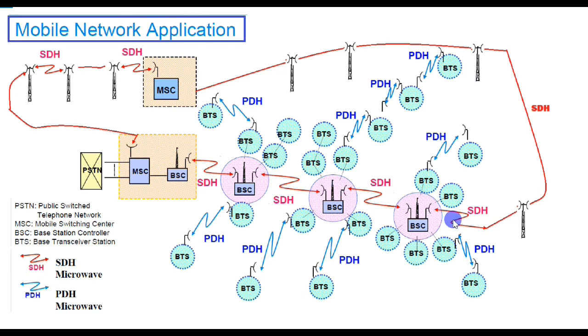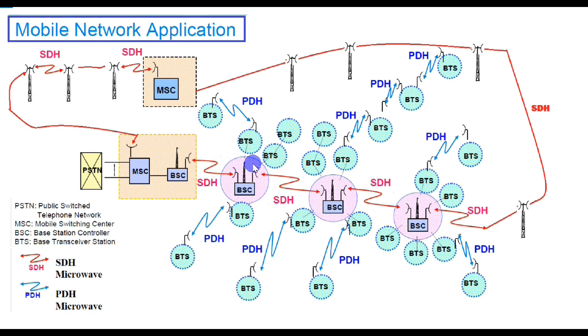But this was happening earlier, and nowadays we are using fiber links for MSC connectivity, and BSC to BSC connectivity also. That was on-air connectivity, and now we are using fiber, I mean ground connectivity. Also, nowadays in many circles, in many clusters, they are still using SDH links to connect BSC to BSC and BSC to MSC, and they are also using ground.